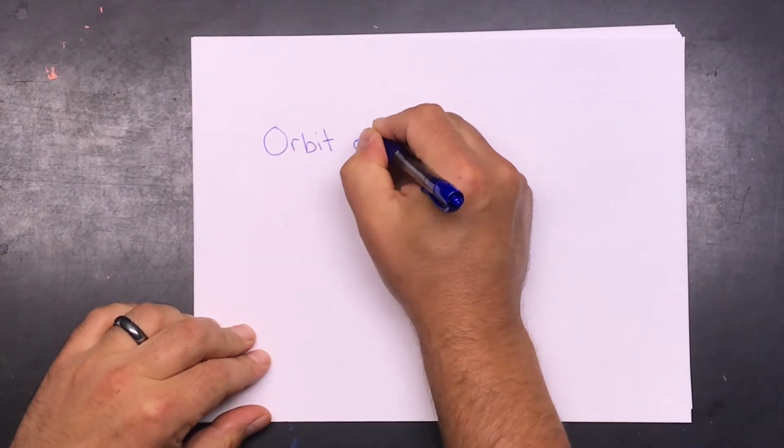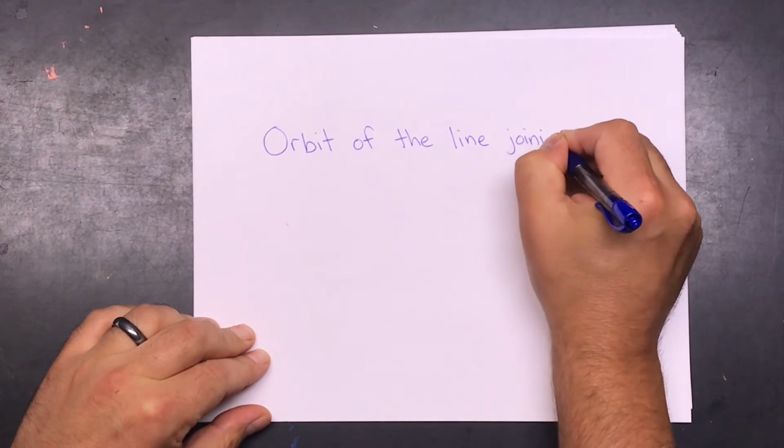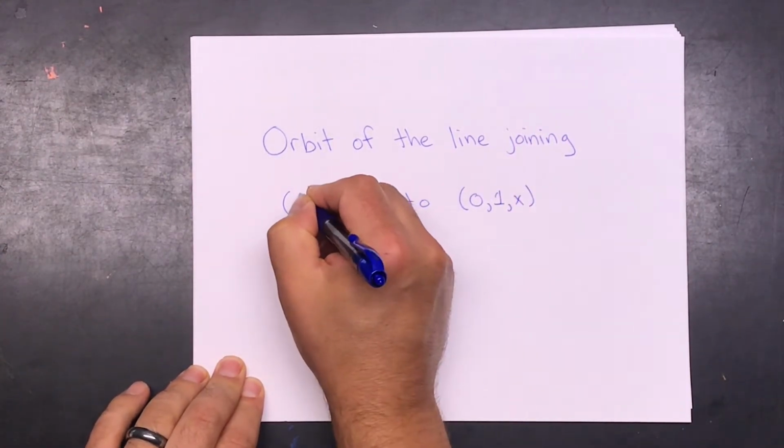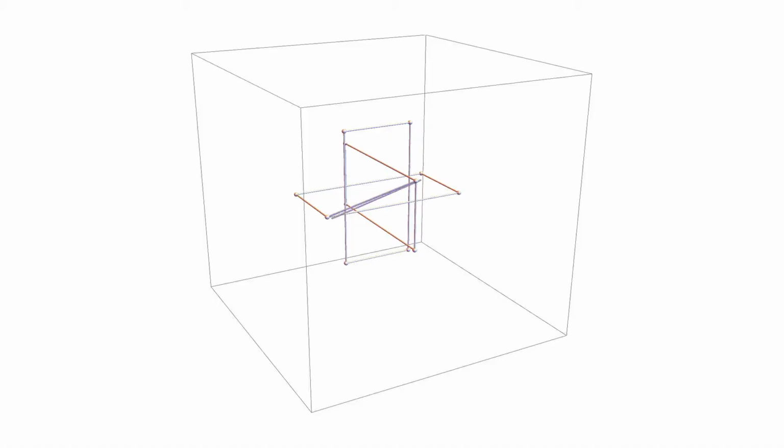That is why the orbit of this point contains 12 points, whereas the orbit of the special point 1, 1, 1 only contained 4. We'll next see the orbit of an entire line segment, the line joining 1, x, 0 to 0, 1, x.